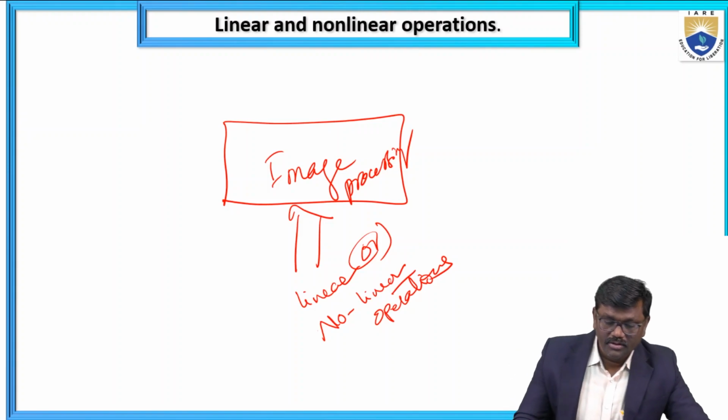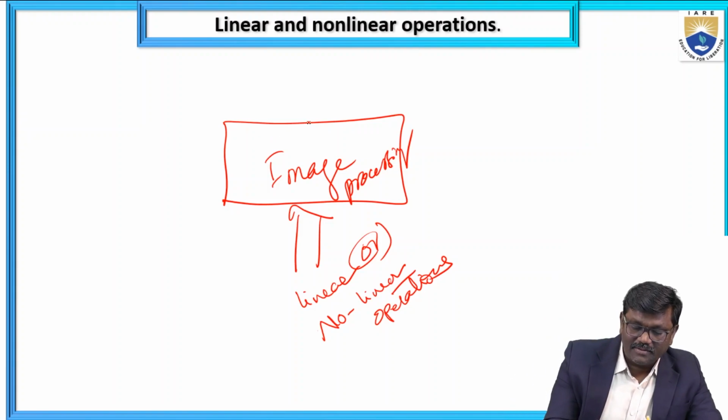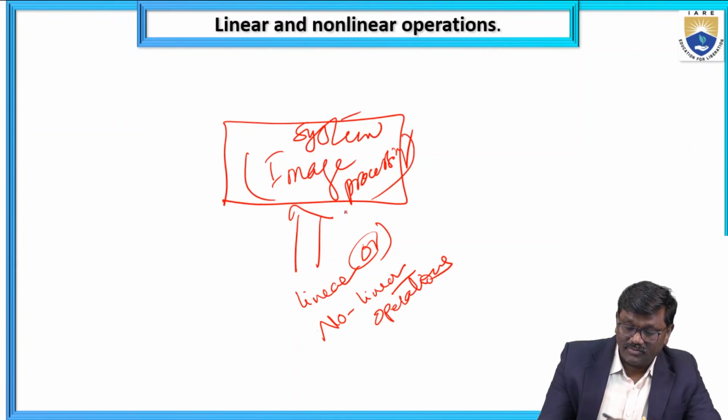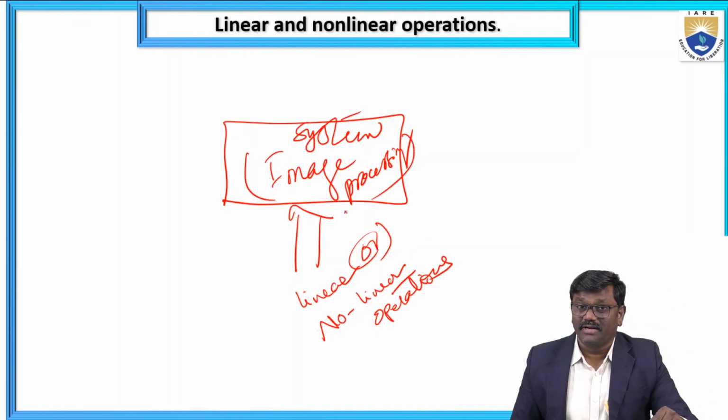Non-linear operations. So what we say is that this is a system, a systematical process. The systematical process we are concentrating on right now is image processing.